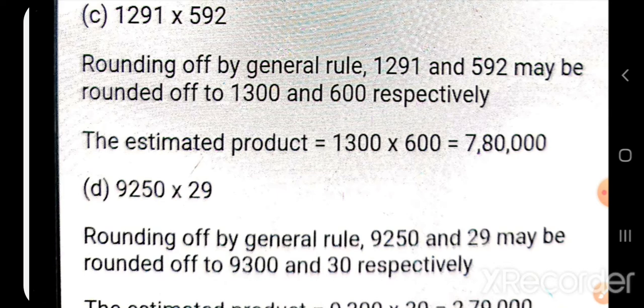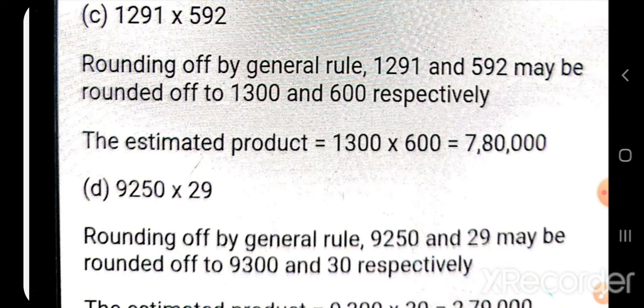Next number is 592. So 592 comes between 500 and 600 and it is nearer to 600. So rounding off by general rule, 1291 and 592 may be rounded off to 1300 and 600 respectively.